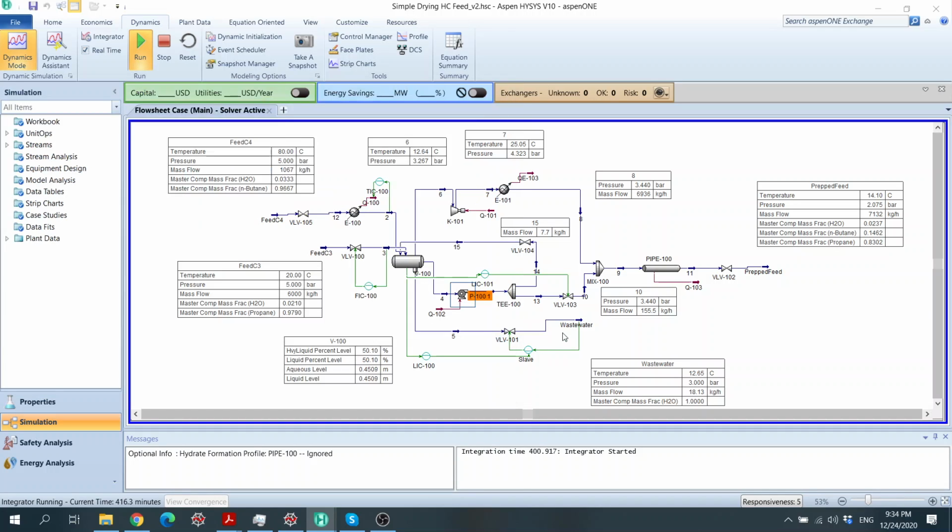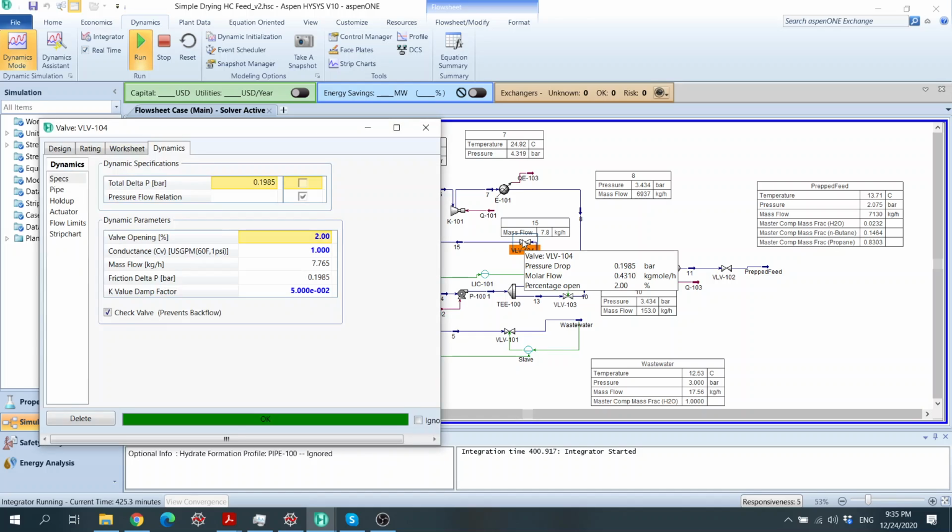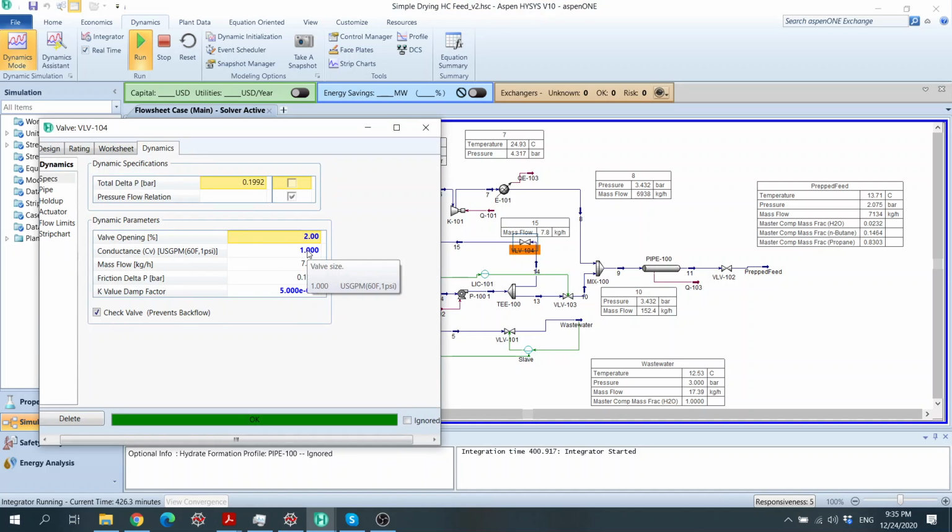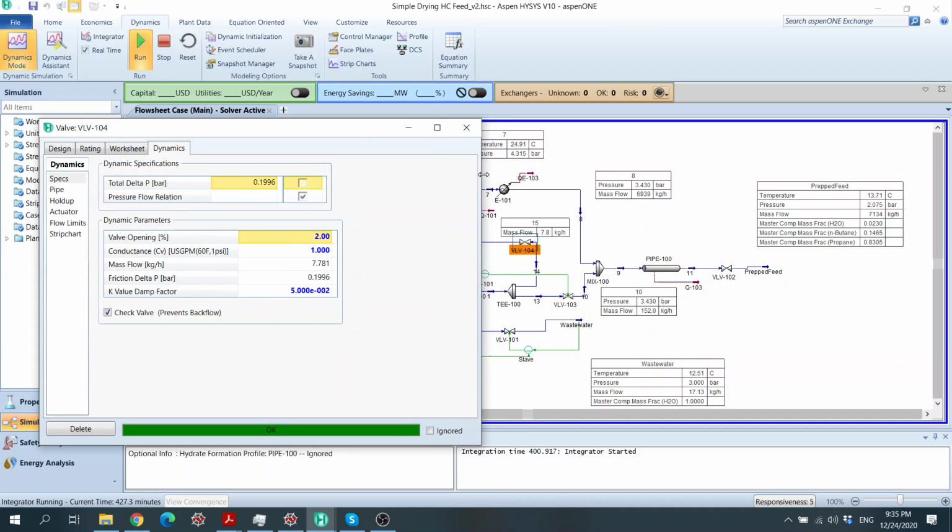So in this case, what I did is I added a minimum line, so to say, back to the vessel. In case we don't have enough pressure or enough flow rate going through this line, the pump can always be running on its minimum line. How I did that is very simple: I made a very small CV of the valve, because it's basically an orifice, or a very small control valve, with a small valve opening.